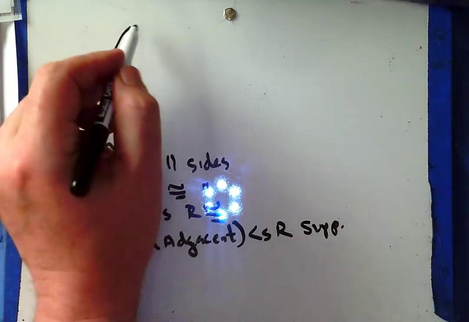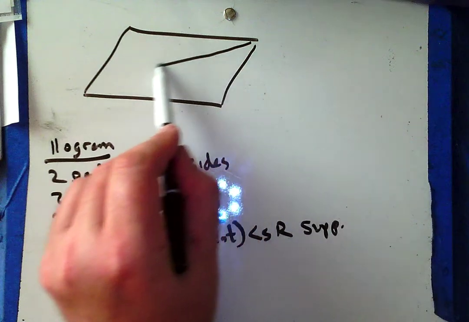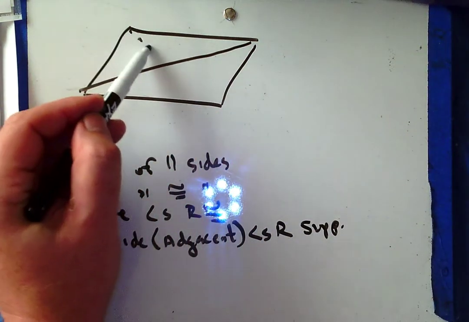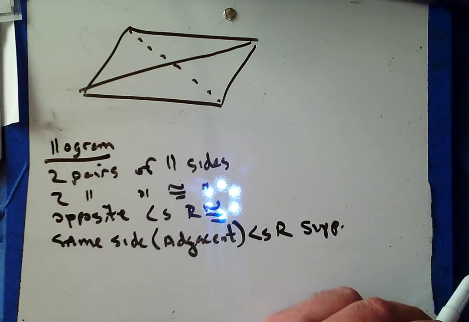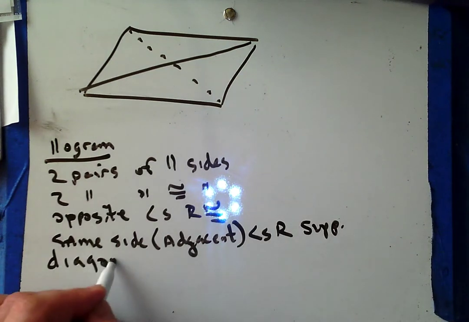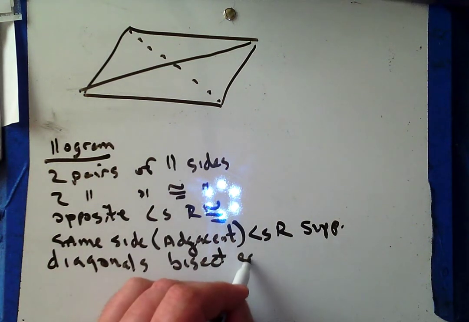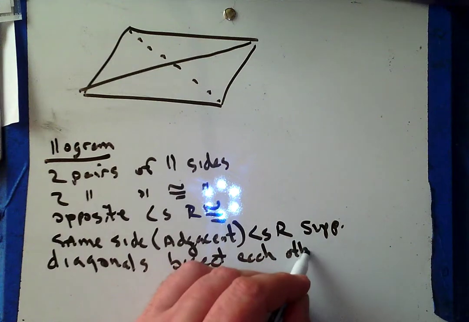We know something about the diagonals. Now, this length is a lot longer than that length. So it's not that the diagonals are equal to each other. What we know is that the diagonals bisect each other.